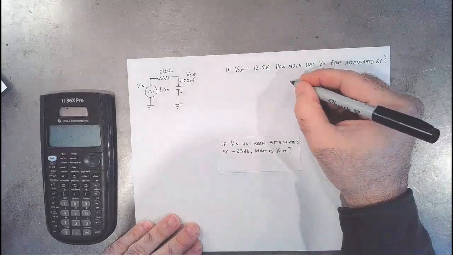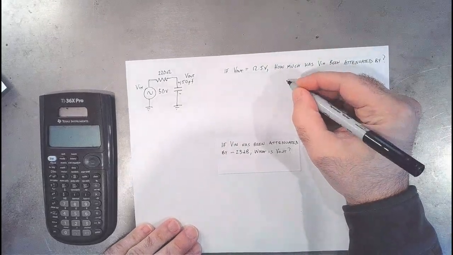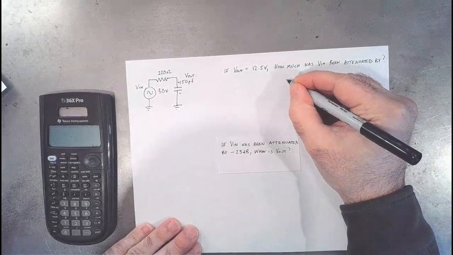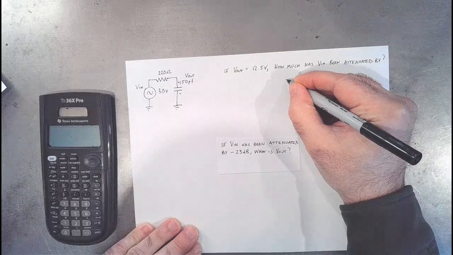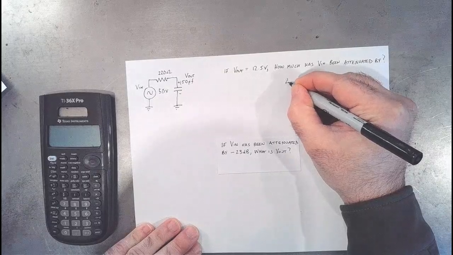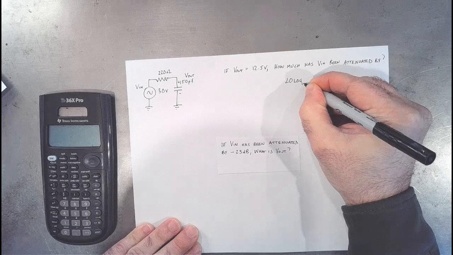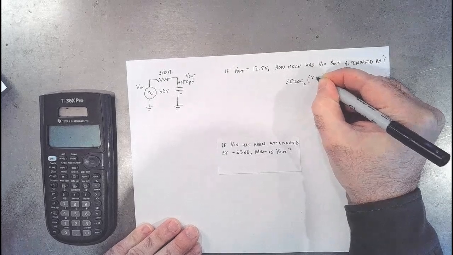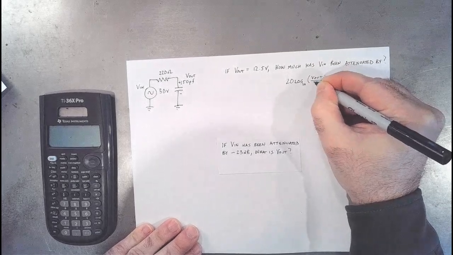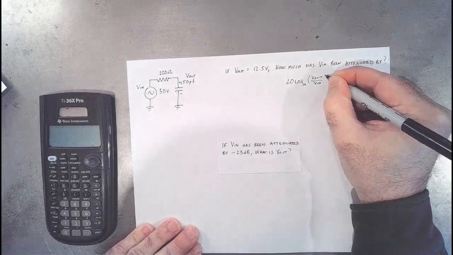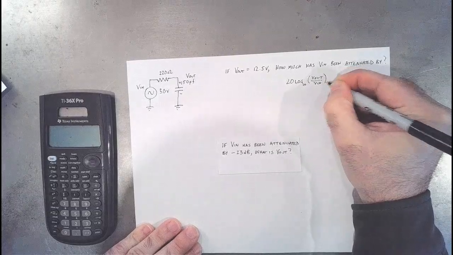Well, we know that there is a formula that we use to determine signal attenuation, and that is 20 log base 10 of V out over V in, otherwise known as gain, by the way.